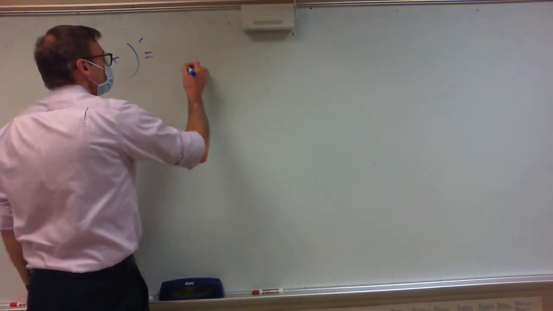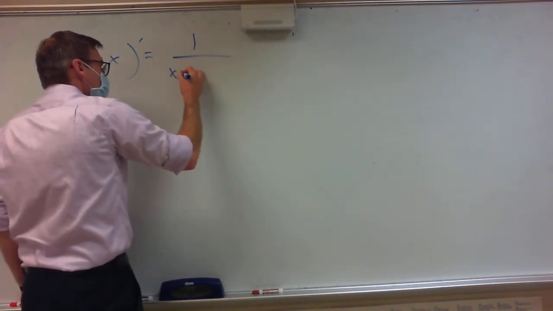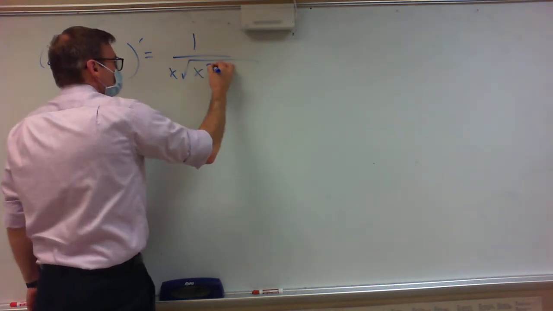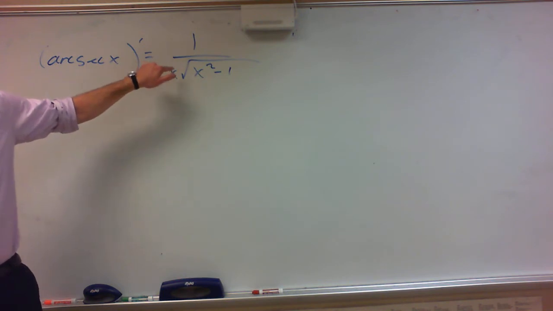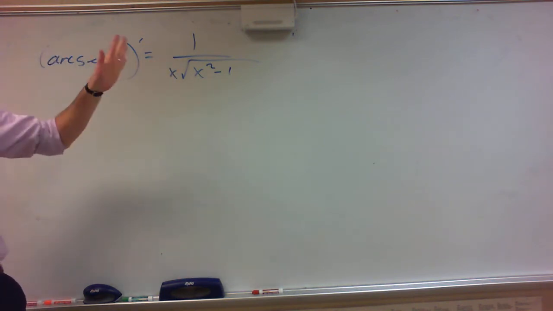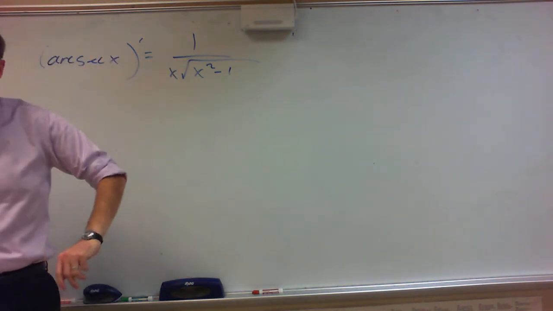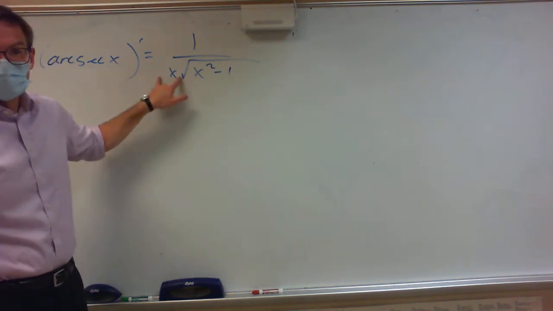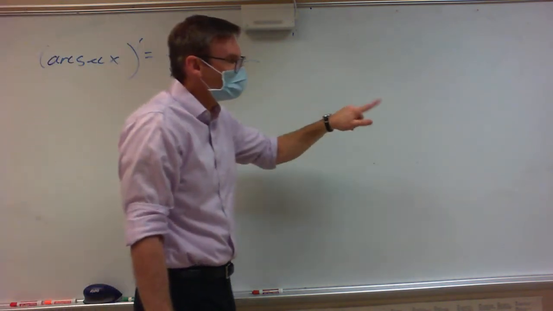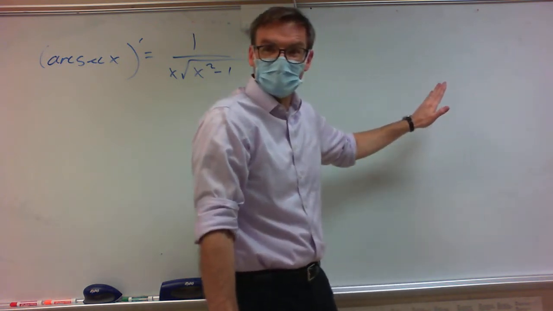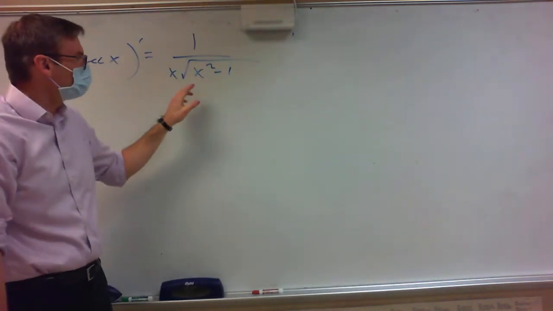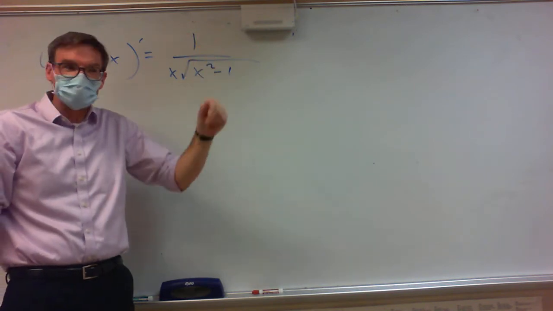This is 1 over x times the square root of x squared minus 1. Technically there are absolute value bars here. I don't worry about those. The AP exam doesn't worry about them. Notice with arcsine, it's 1 minus x squared. With arcsecant, it's x squared minus 1. That part switched.